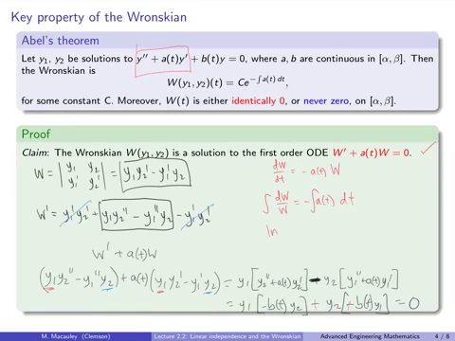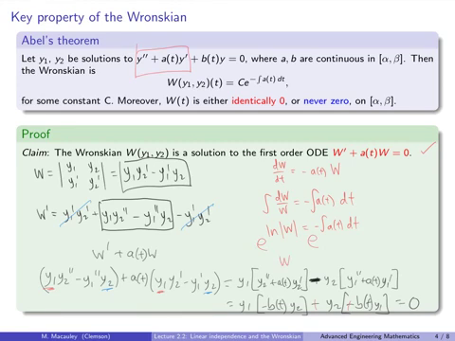We get the natural log of w is, well, I guess nothing really new, negative the integral of a of t dt. So now let's exponentiate both sides. And now we get the absolute value of w.